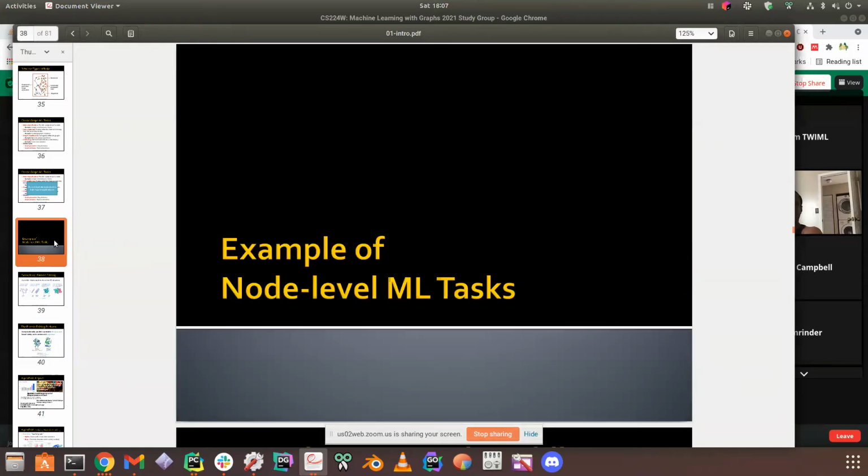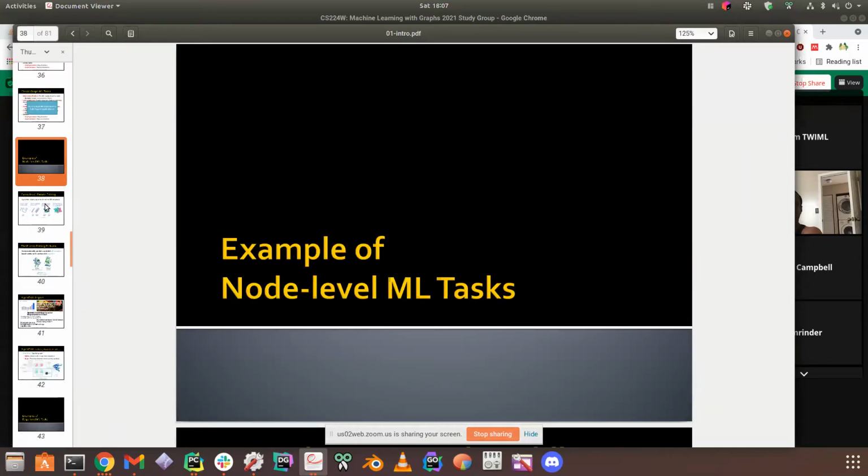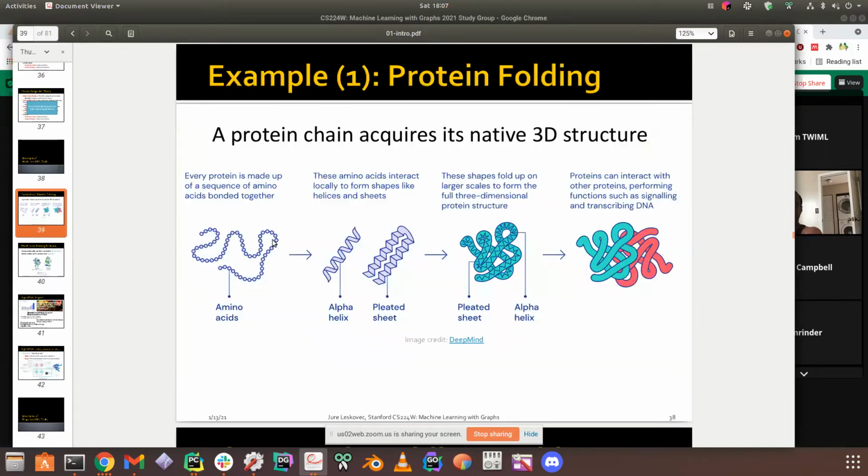Yeah, and then they gave examples of different kinds of prediction tasks, which I guess hopefully you'll have had a chance to go through.